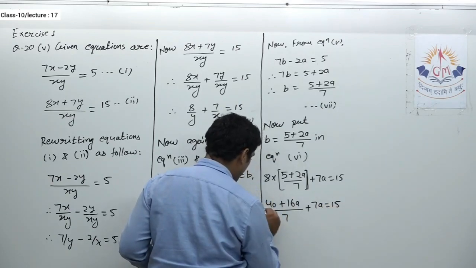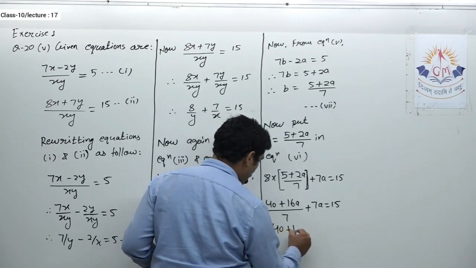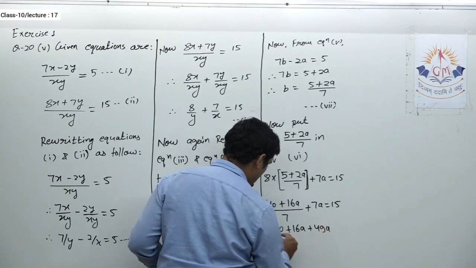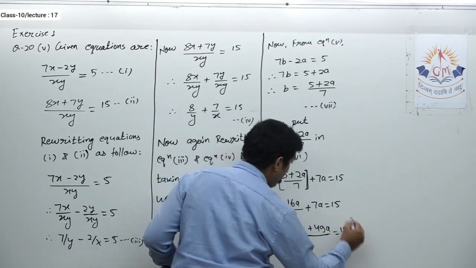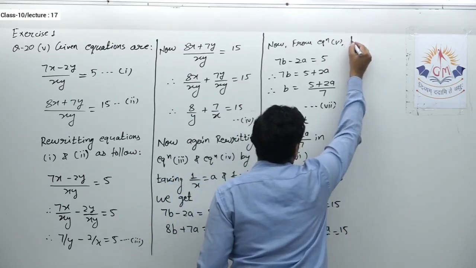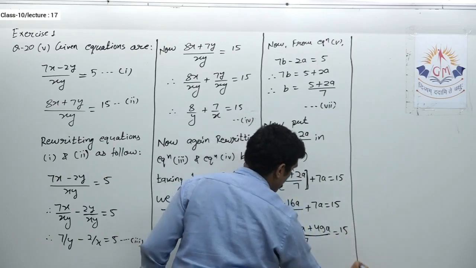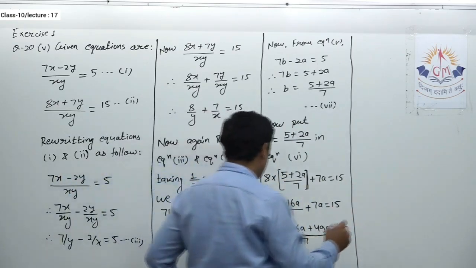So ultimately this will become (40 plus 16a plus 49a) whole upon 7 is equal to 15. Now just by solving this you will be able to get the value of a.